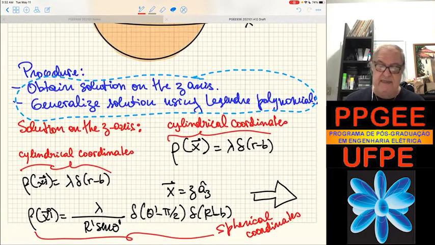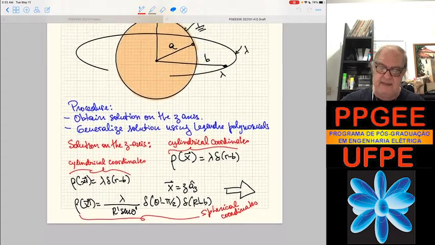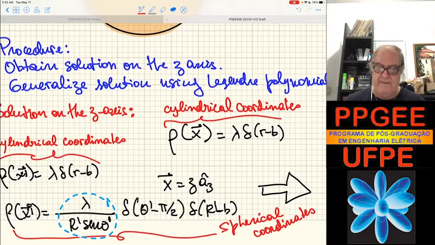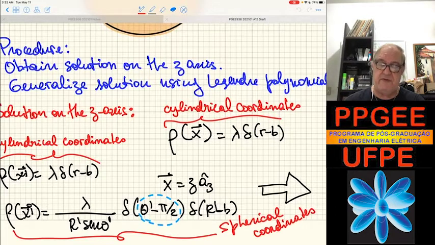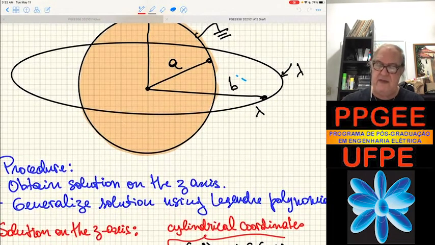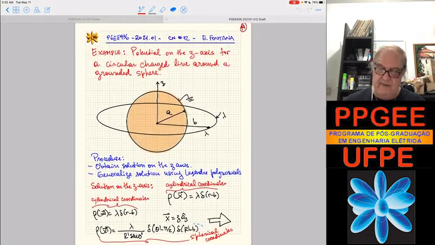We have the density of this charged line here, which can be cast in this form in terms of delta functions. Okay, the location is theta prime equals pi over 2, and the location of the spherical distance is r equals b. b is the radius of this charged line. So that's the representation of this charged loop in spherical coordinates.